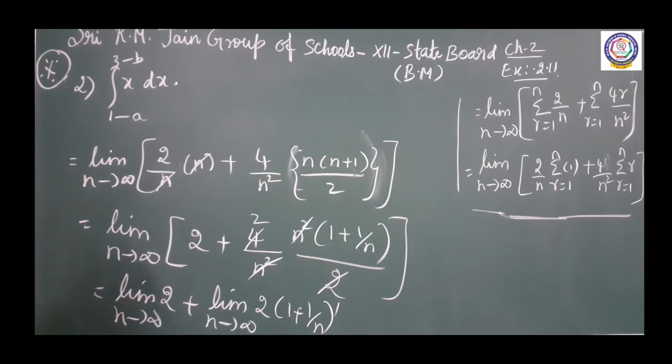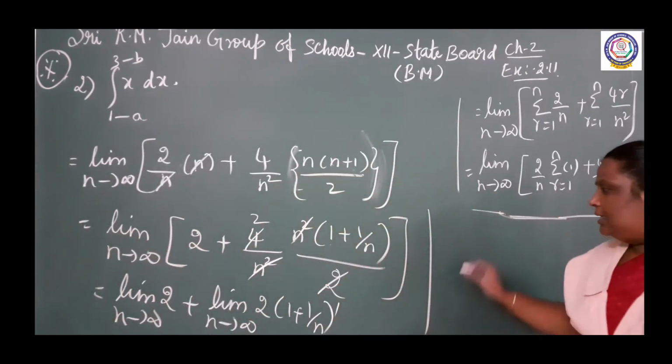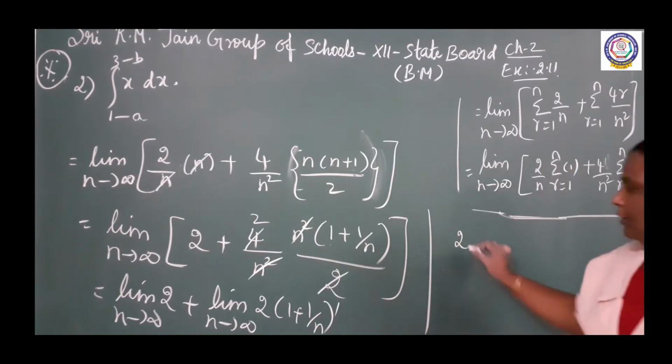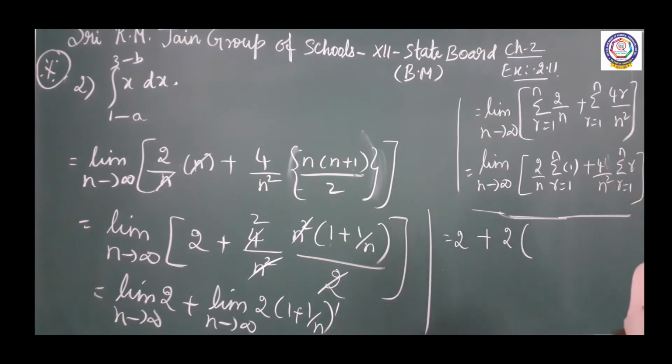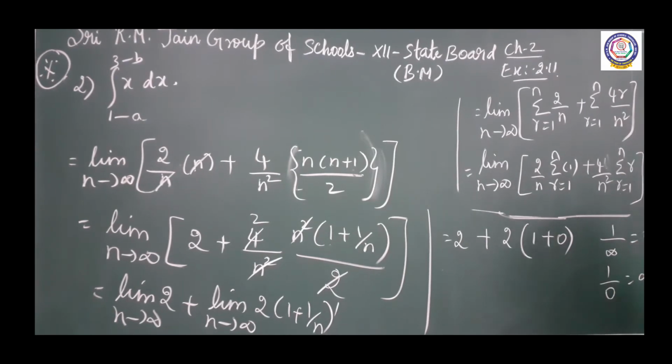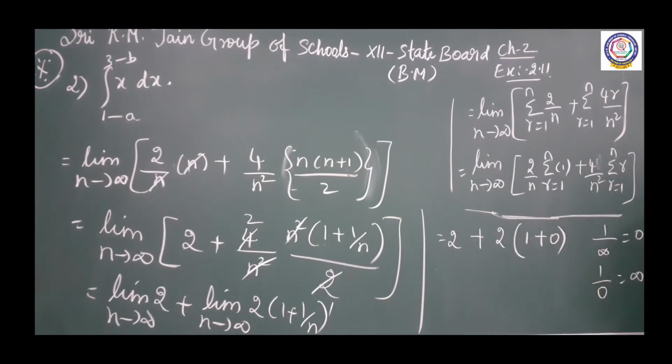So limit n tends to infinity, 2 is the same value 2, plus 2 into 1 plus 0, because as n tends to infinity, 1 by infinity is 0, and 1 by 0 is infinity.